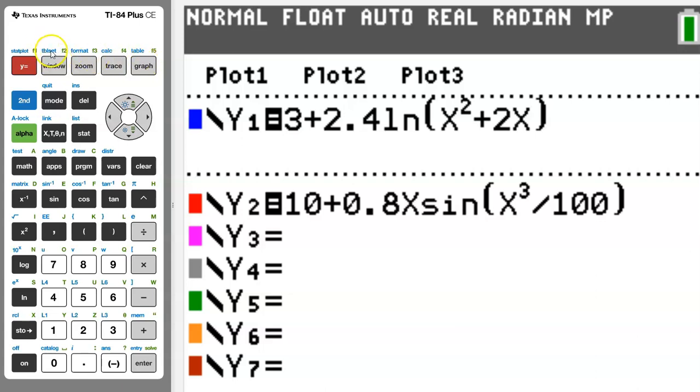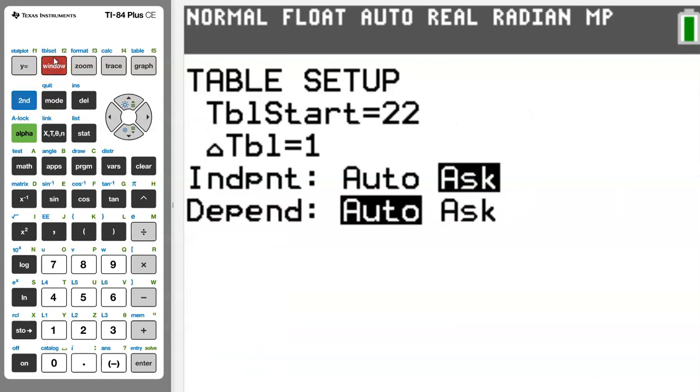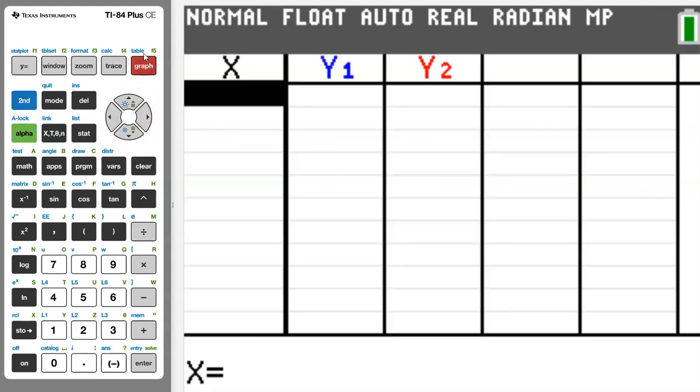But first, I need you to make one adjustment. Hit second window to access the table setup menu. Scroll down, and I want you to change the independent option from auto to ask. Once you've done that, go ahead and hit second graph to access the table menu.